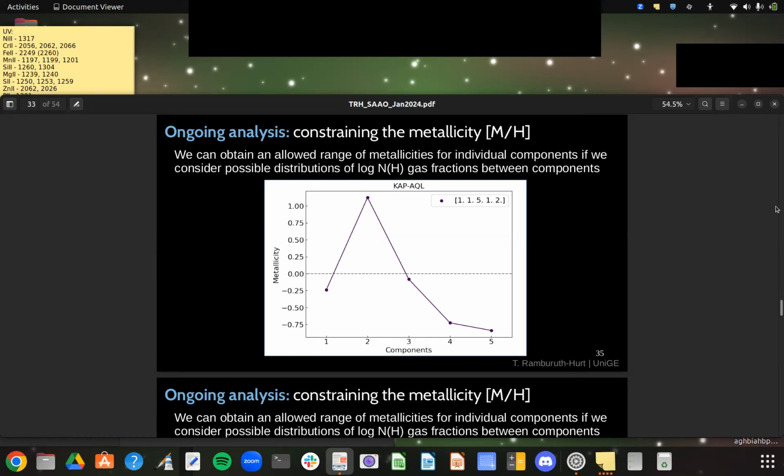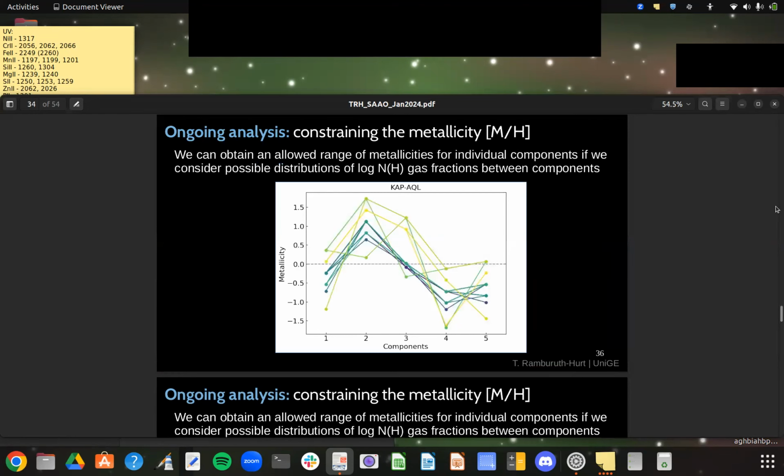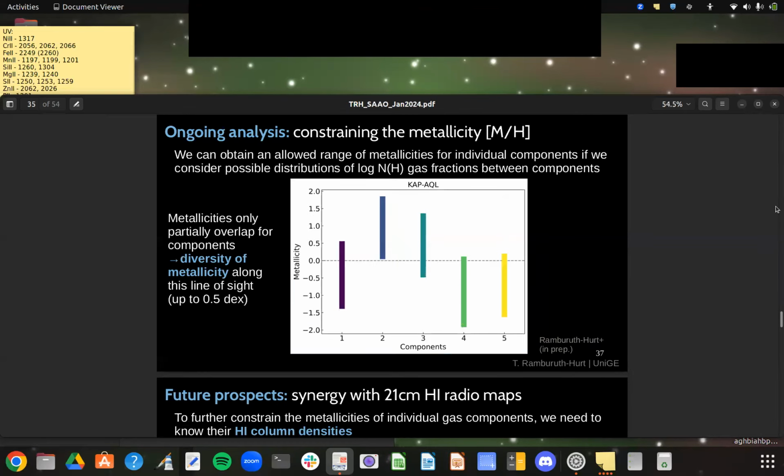So 10% is the amount of hydrogen in the relevant components. But obviously there are so many different combinations and permutations of this we can do. And that's what I'm giving the idea of here. And then if you do it for many different combinations and permutations, then you can get a maximum and a minimum.